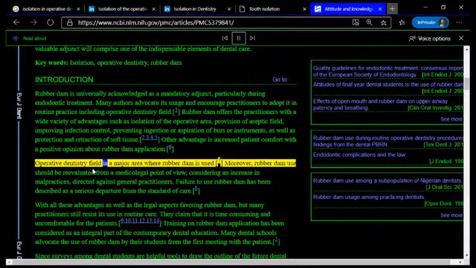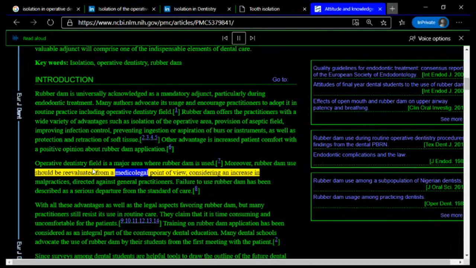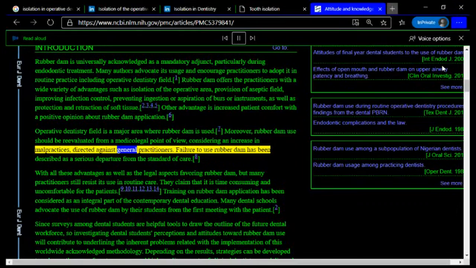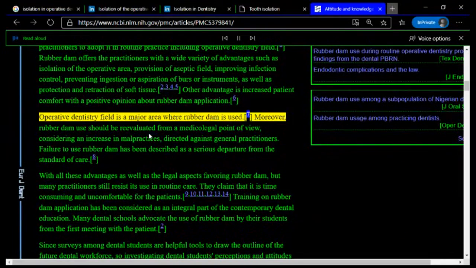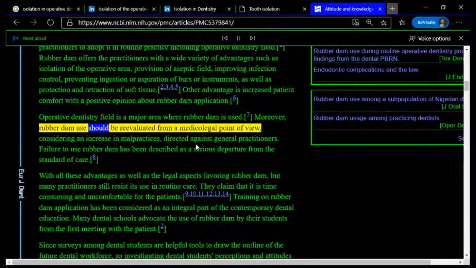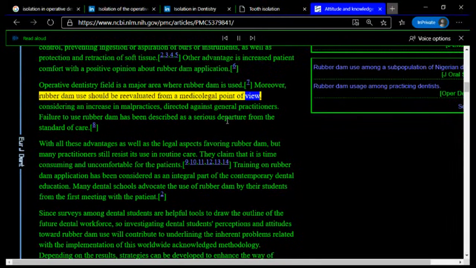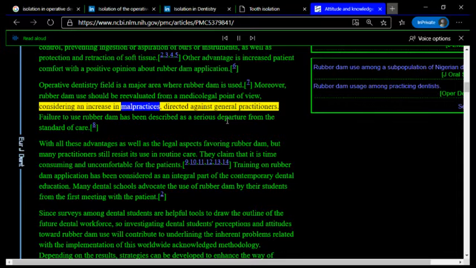Operative dentistry is a major area where rubber dam is used. Moreover, rubber dam use should be re-evaluated from a medicolegal point of view, considering an increase in malpractice claims directed against general practitioners.